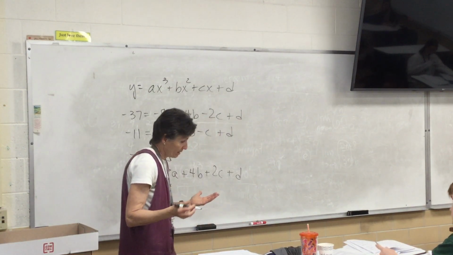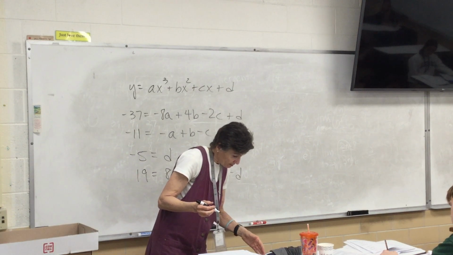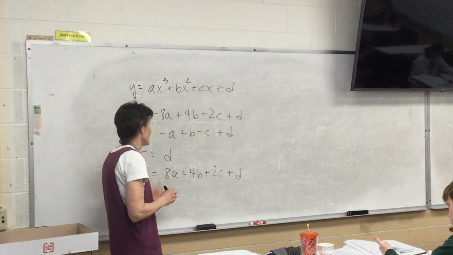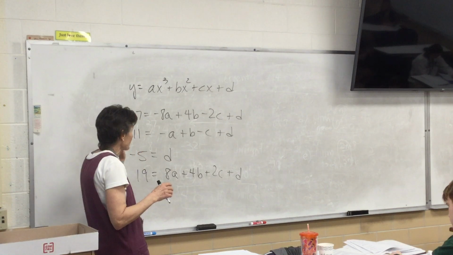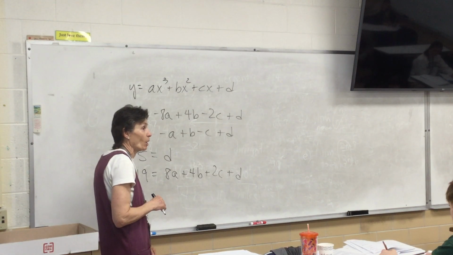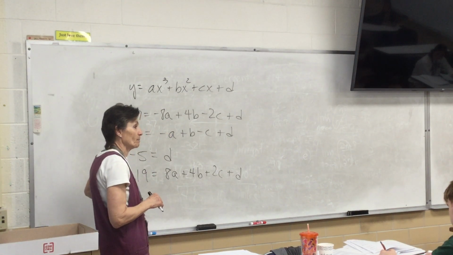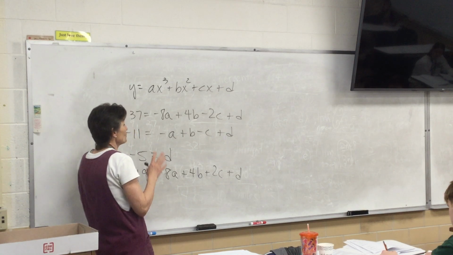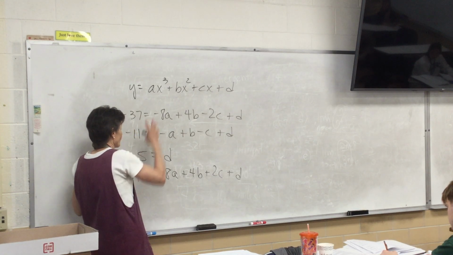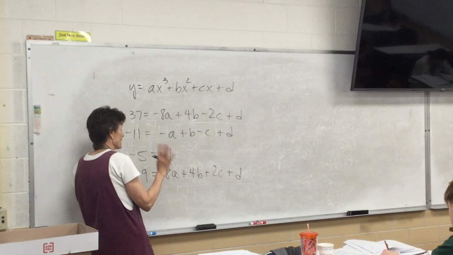And then it says you can use a calculator. So, if I'm doing this, I'm going to put them in and use Gauss-Jordan. I'm going to RREF it and come up with my answer. Right now you've got 4 equations, 4 unknowns. That's perfect.